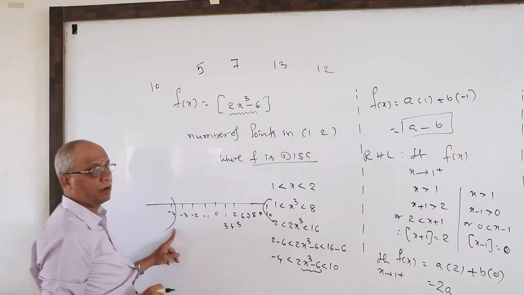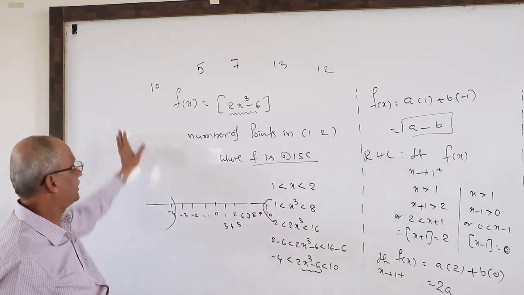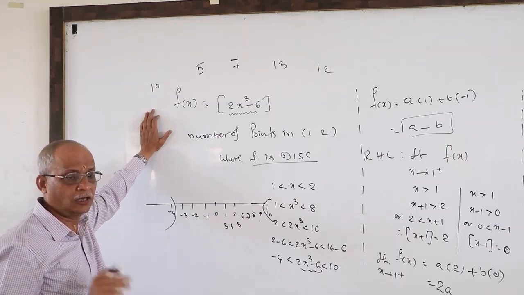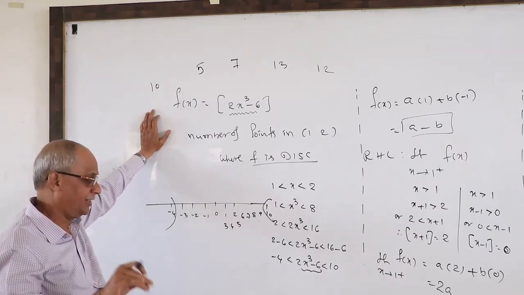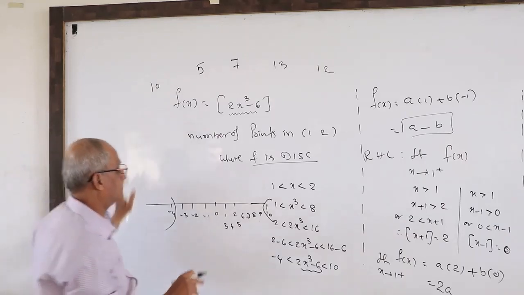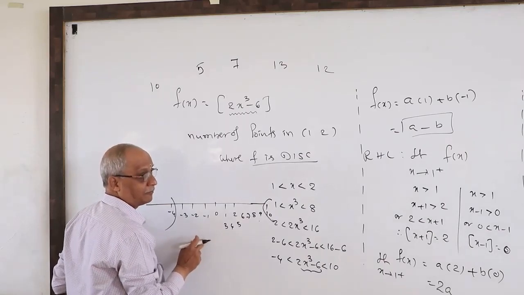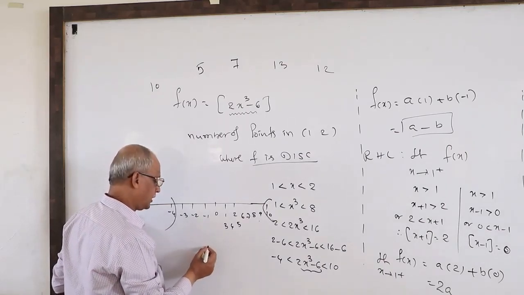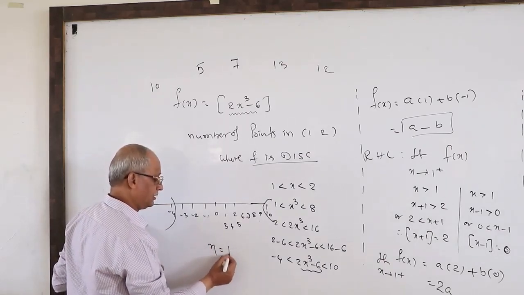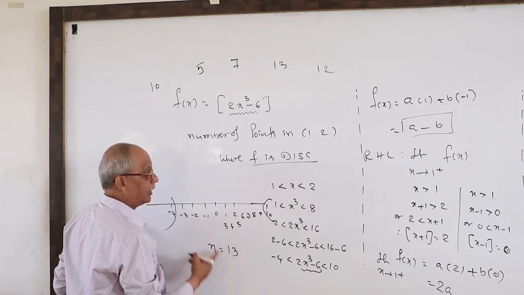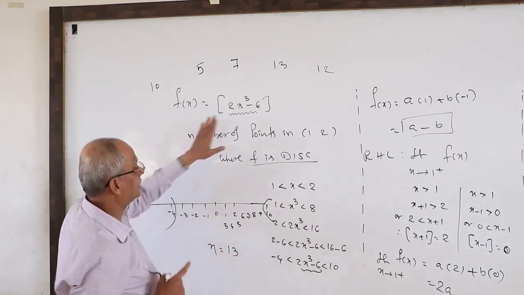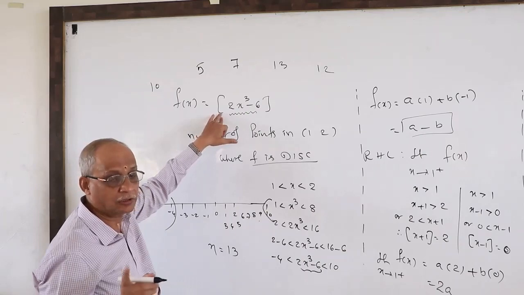We already know step of x is continuous at non-integers and discontinuous at integers. That is the reason we are counting integers. How many integers did we get? 13 numbers. At every integer, this greatest integer function is discontinuous.